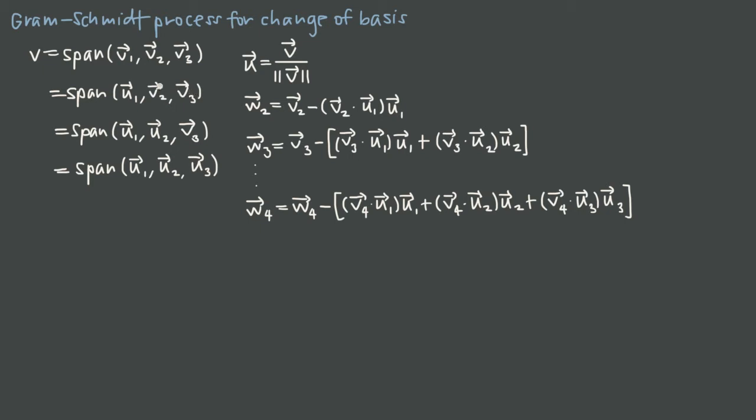Your next step is to work on v2. So we already took care of v1, now we need to work on v2. For every vector from here on out, you're going to first change the vector into a vector that's orthogonal to all the vectors before it. So in this case with v2, we're going to change it into a vector that's orthogonal to u1. And then once we have that orthogonal vector, then we'll normalize it.